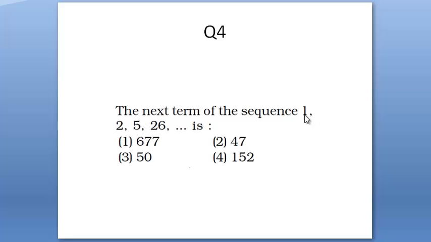These numbers are actually very close to square numbers. Here's 1 square, and then 2 square, so 5 is next to 2 square, 26 is next to 5 square. So that gives you a clue about what the sequence might be. Anyways, let's take a look at how to solve this question.